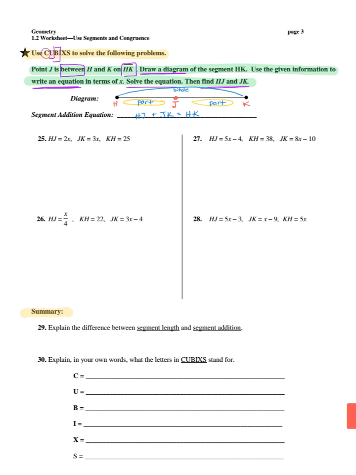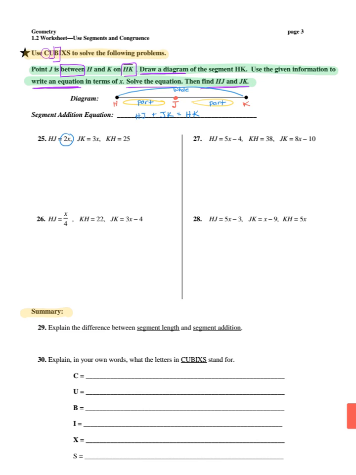So like we did on page 2, let's circle our parts and underline our whole. So if I look here now at question number 25, it says HJ is 2x, JK is 3x, and KH is 25. So I'm going to go back and look at my picture. HJ is the part on the left, so that means I'm going to circle the 2x.